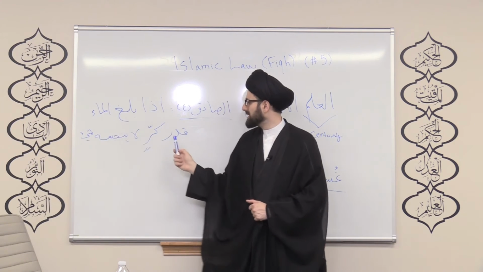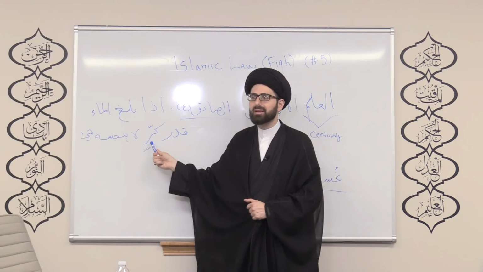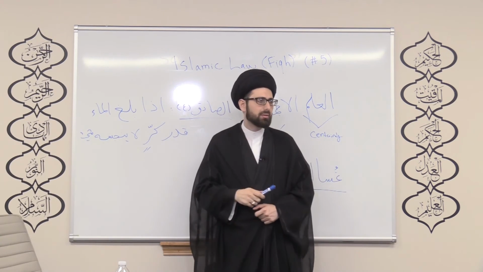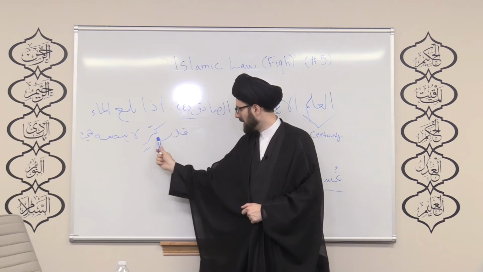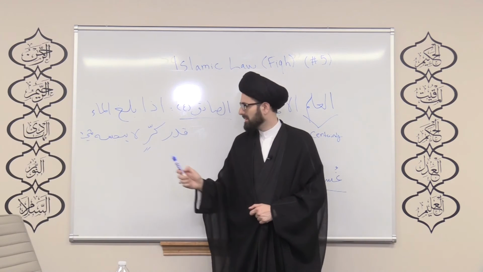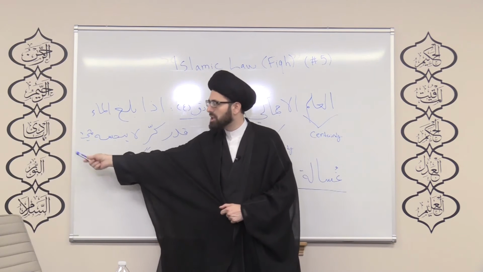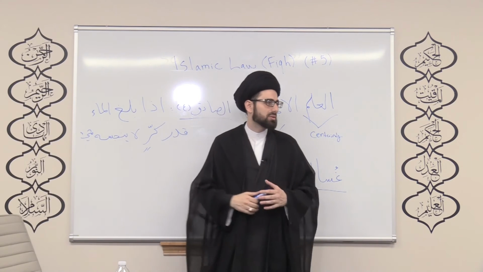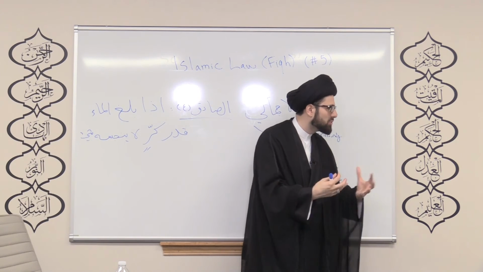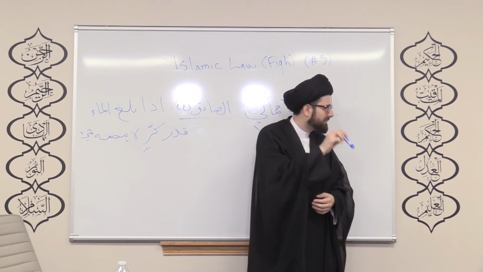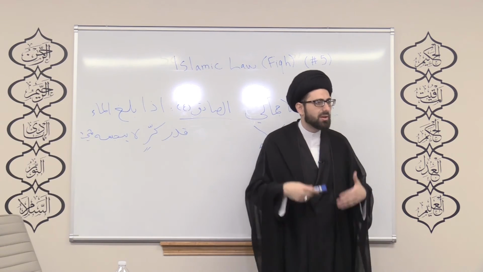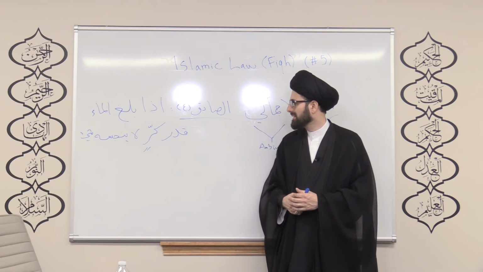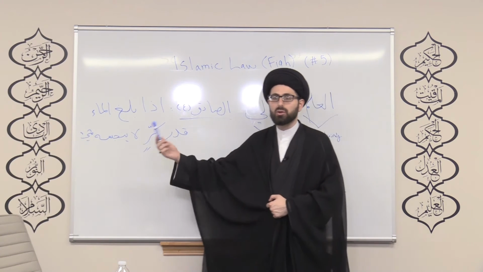If water reaches the size of a korr, the volume of a korr, لا ينجسه شيء. Nothing can make it najis. In other words, it's immune. If a small drop of najasa falls in it, without changing the color, the taste, the smell, it does not make it najis. So that's a special status given to a korr.